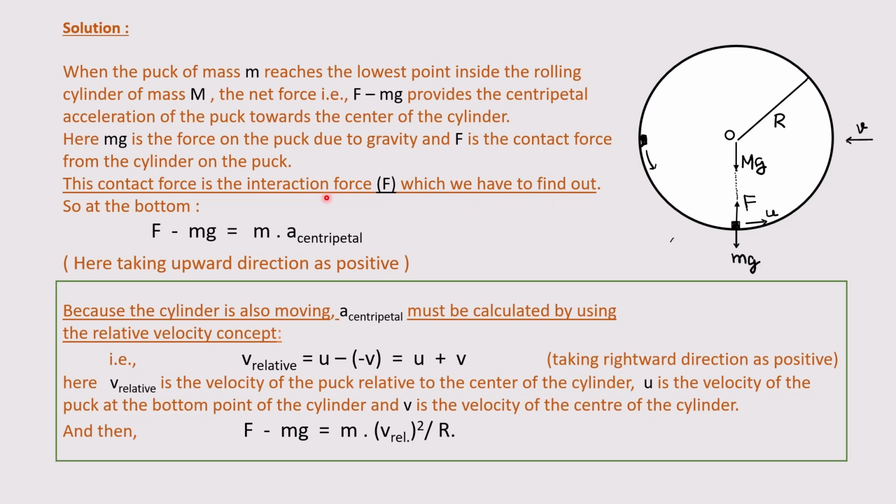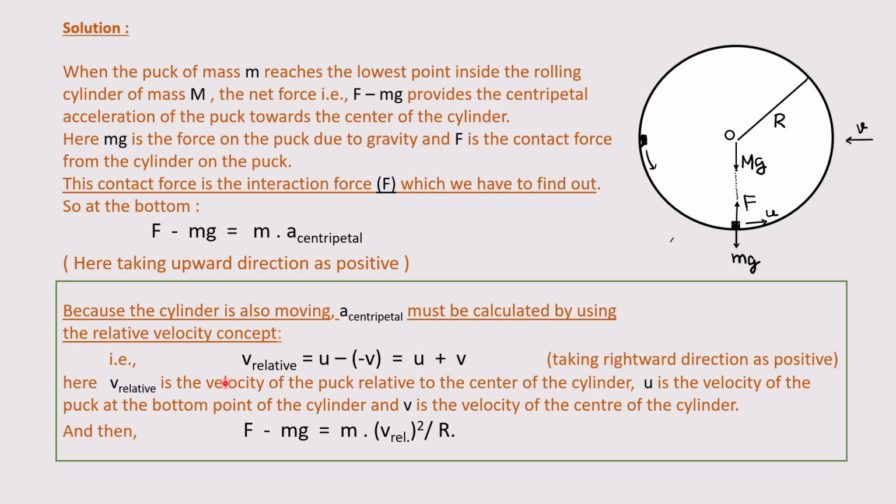So at the bottom point we can write F minus mg is equal to m into centripetal acceleration. Here we are taking the upward direction as positive. Now, because the cylinder is also moving, the centripetal acceleration must be calculated by using the relative velocity concept.